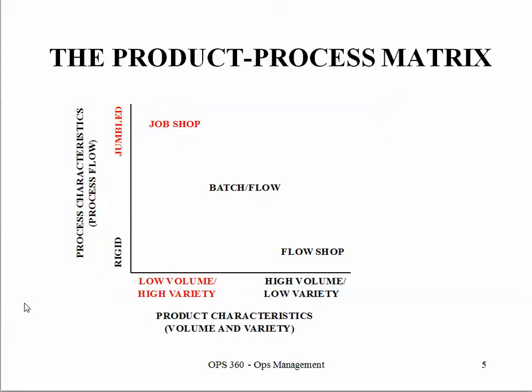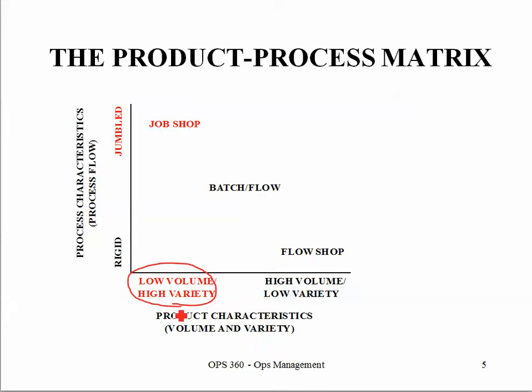So the thinking is that these two dimensions, the product characteristics and the process characteristics, are very tightly linked in successful companies. So if you have a company that serves a customer base that wants a lot of custom stuff, basically they're here. They're making very small production runs of a wide range of parts.